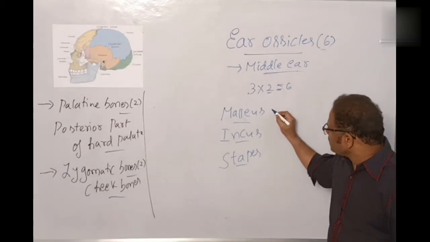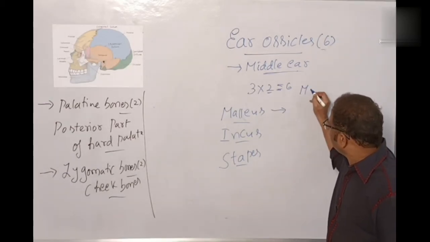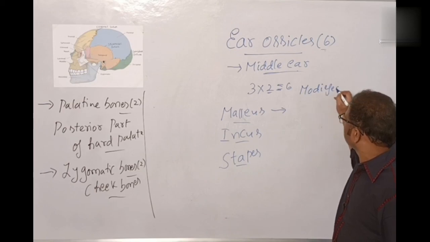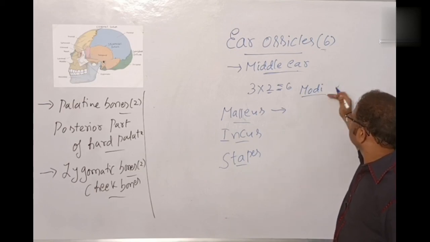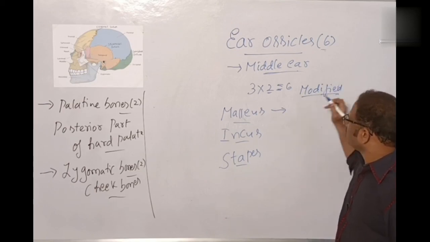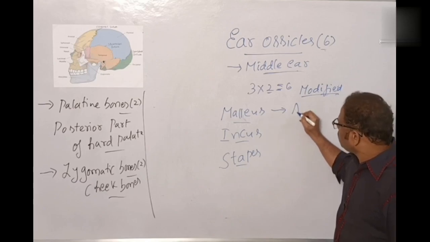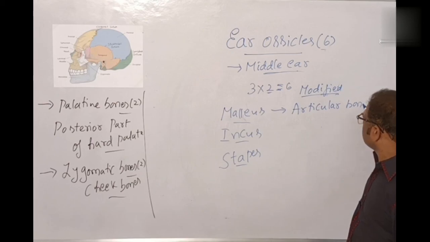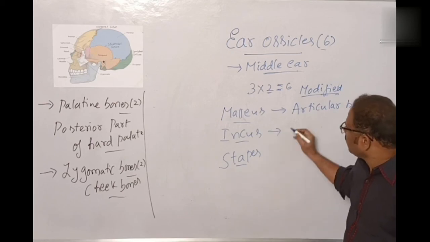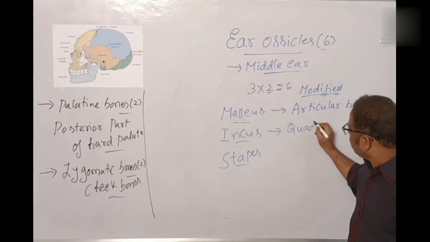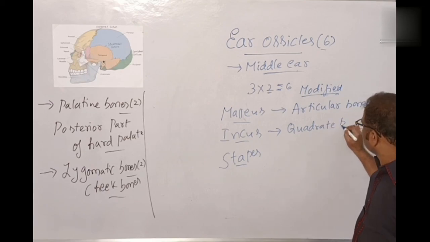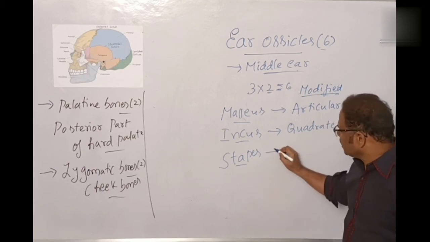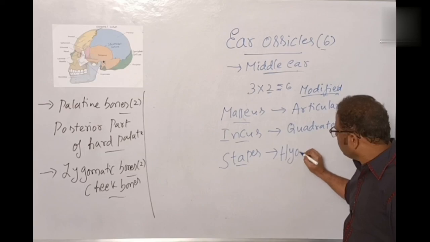So malleus is a modified articular bone. Incus is a modified quadrate bone. Stapes is a modified hyomandibular bone.